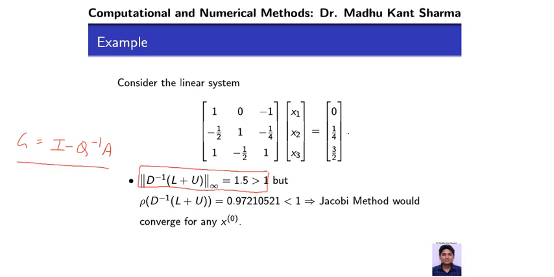So that gives you that the Jacobi method need not converge. However, if you evaluate the spectral radius of the same matrix, it is strictly less than 1. So this guarantees that the Jacobi method would converge for any x0. So we can work with any x0 and apply the Jacobi method for this system.